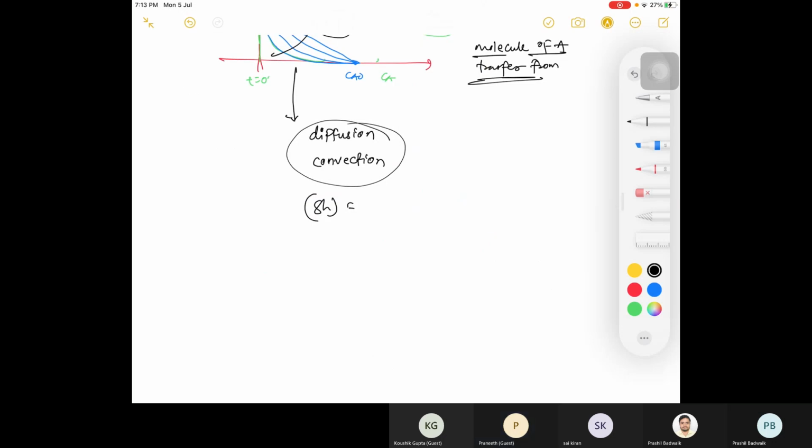When you learn transfer phenomena, you will find that Nusselt number is basically interface flux divided by conductive flux. We will study this. That is interface divided by conduction, or you can say diffusion. So here it is Nusselt number compared to Sherwood number.